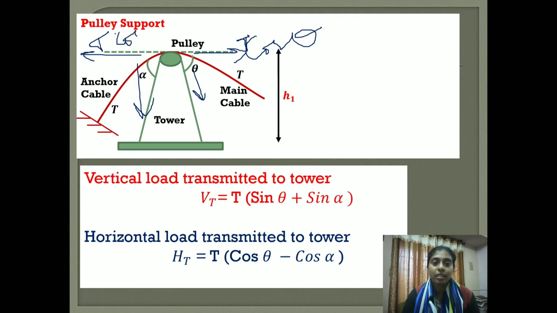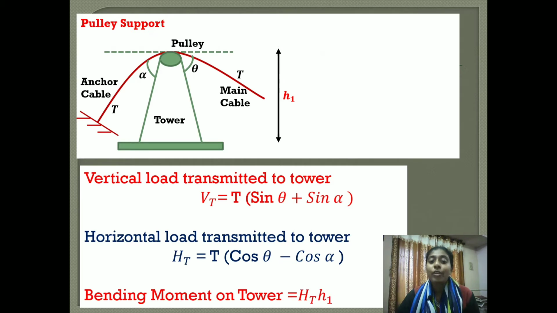One is on the right side and the other one is on the left side. So our horizontal load that will be transmitted to the tower will be T cos theta minus T cos alpha. Now what will be the bending moment on the tower? The bending moment on the tower will be HT, that is the horizontal force acting on the tower, into the vertical distance, that is h1.